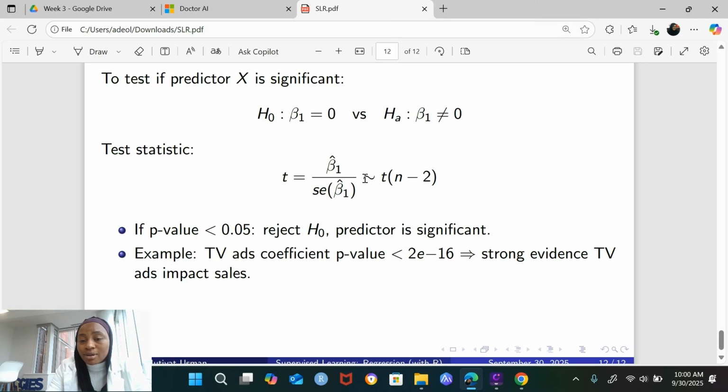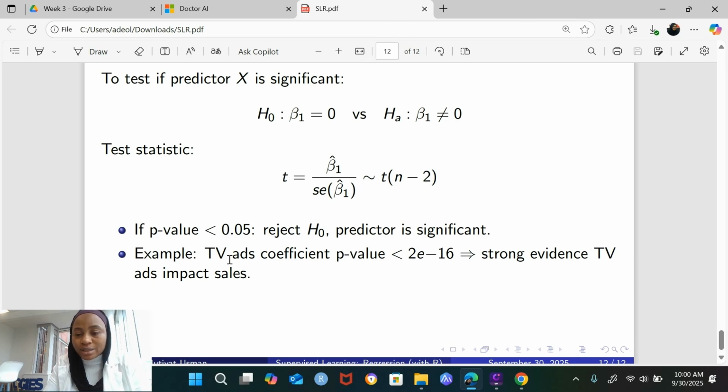So we pick n minus 2 degrees of freedom, then we pick our level of significance, especially when we take it further and start doing confidence intervals and all of that. So we can easily check our critical value and compare that with the calculated value.